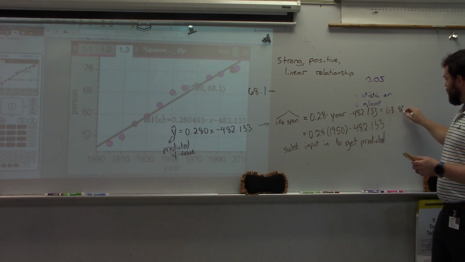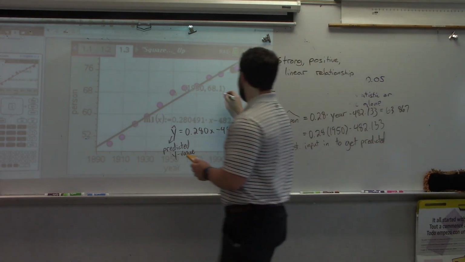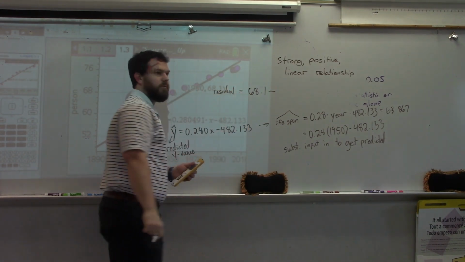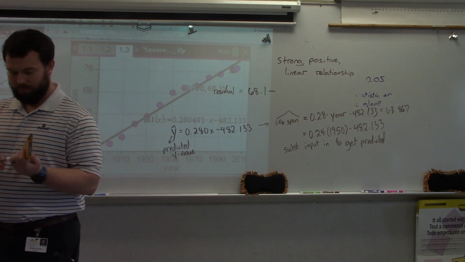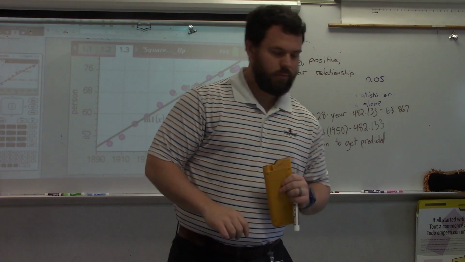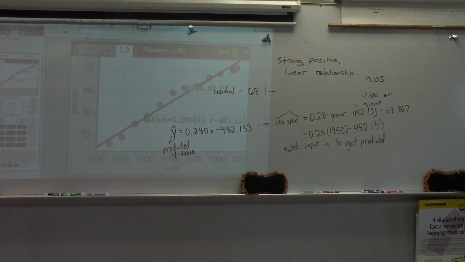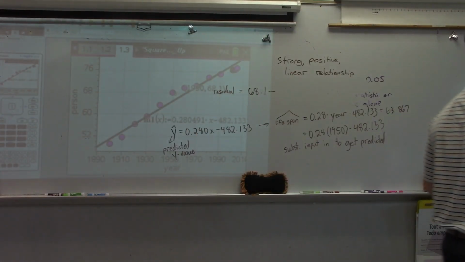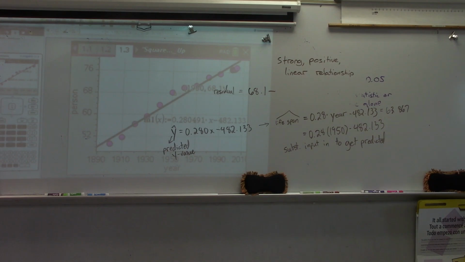Does everyone have their predicted calculated? Is it allowed to be a negative? Is this supposed to be a very big number? You put a negative instead of a minus. Hey guys, be careful that you put a minus instead of negatives. Because if you put a negative in there, the negative is next to the decimal, it's going to multiply instead of subtract. You should have somewhere around 63, 64, something like that.